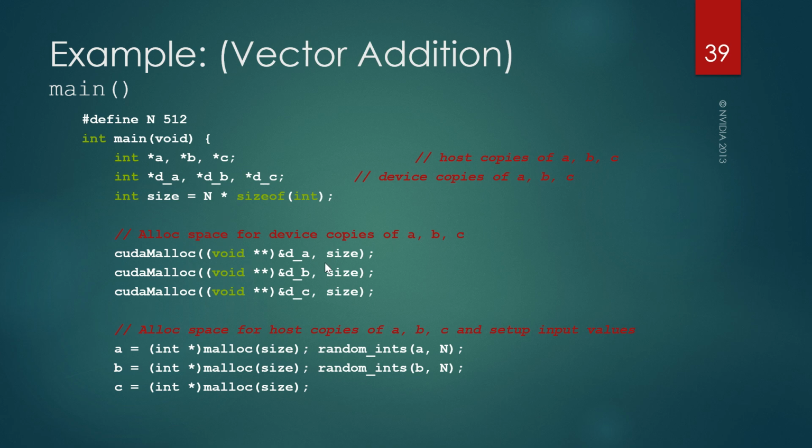Then you can allocate the memory for the CUDA portion, the part that's going to be sent for CUDA, and also a host copy. This one uses a random init function, randomizing values for the A vector and the B vector, and the C vector is the results that will come back.